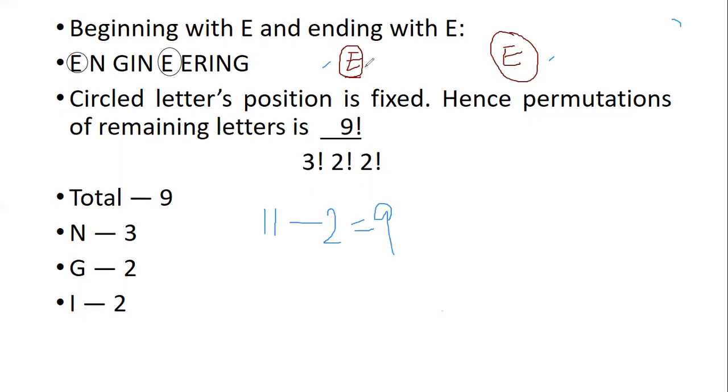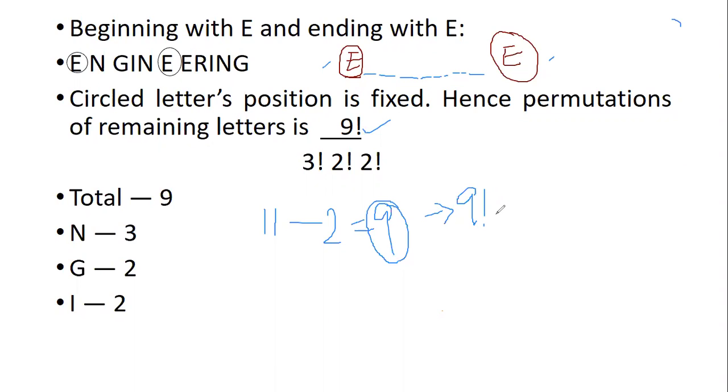So in between the first letter E and the last letter E, we will have 9 other letters. These 9 letters can be arranged in 9 factorial ways. So that is the numerator part.